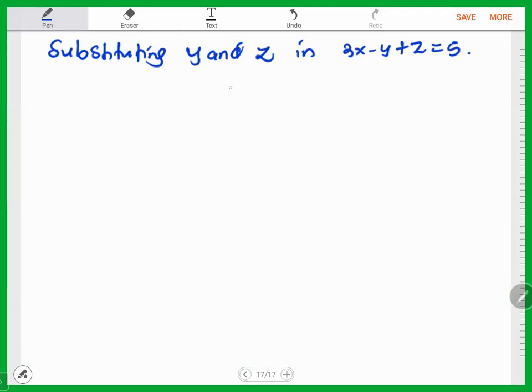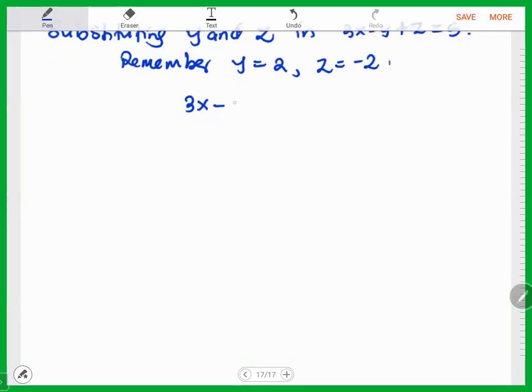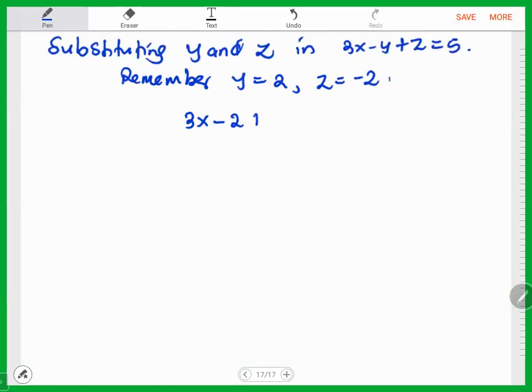So remember, y is equal to 2 and z is equal to negative 2. So I have 3x minus y, which is a 2, plus z, which is a negative 2, equal to 5.